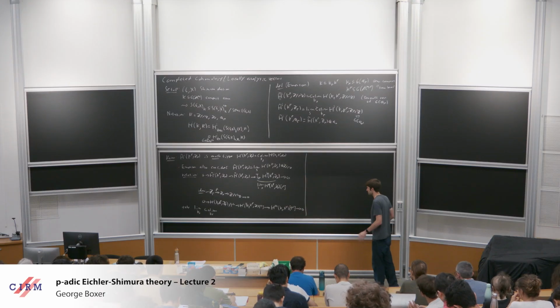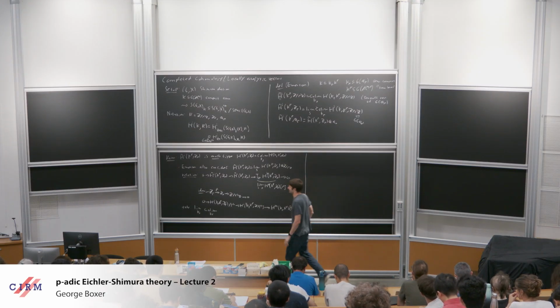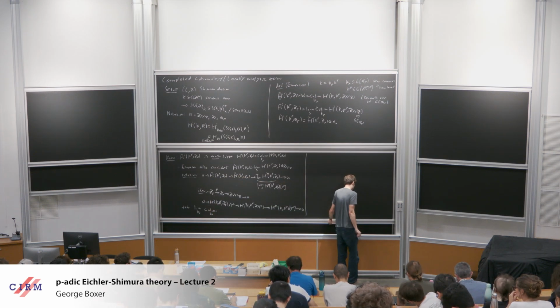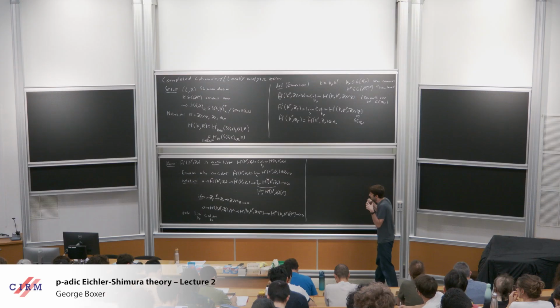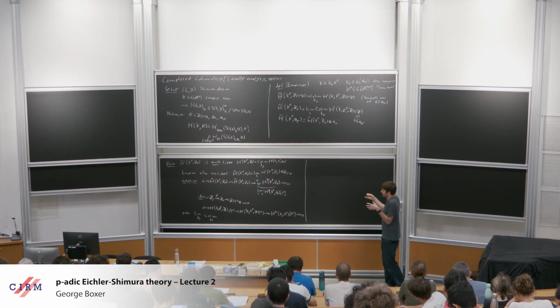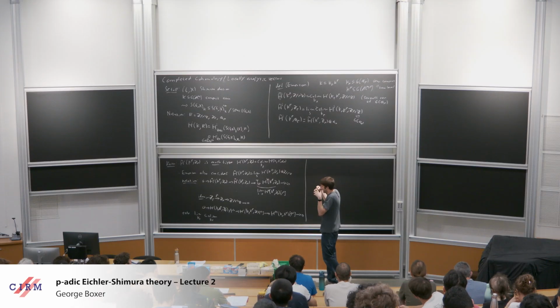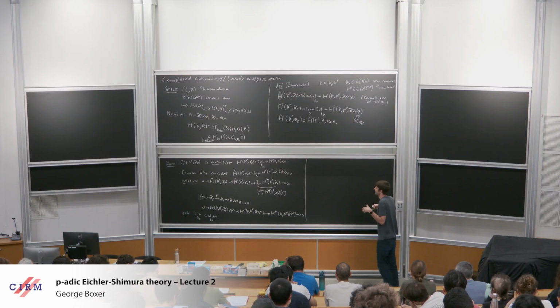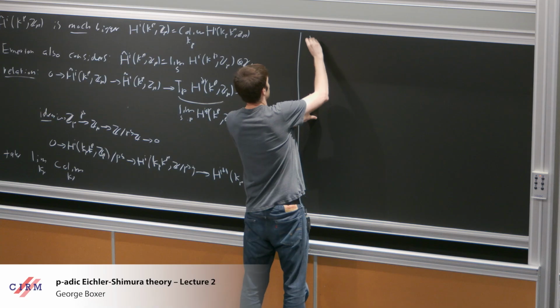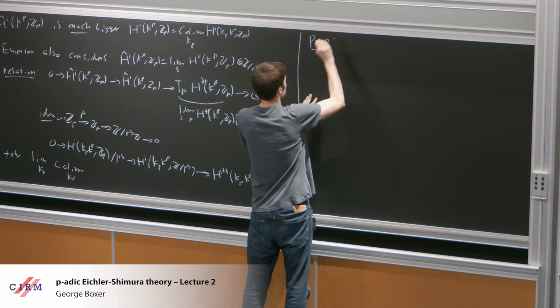Okay, so let's get started understanding some of the properties of completed cohomology. I want to prove, or at least sketch a proof of, some finiteness theorems for completed cohomology and explain what kind of objects they are. So we have the following proposition.